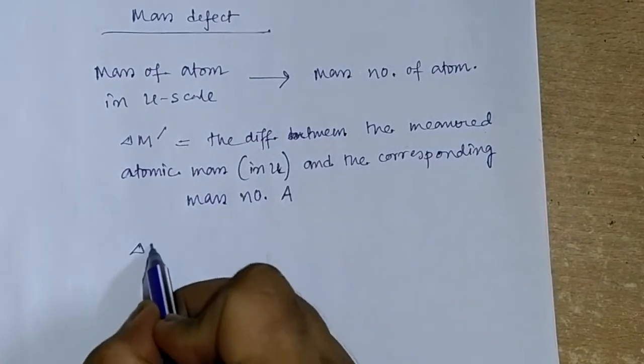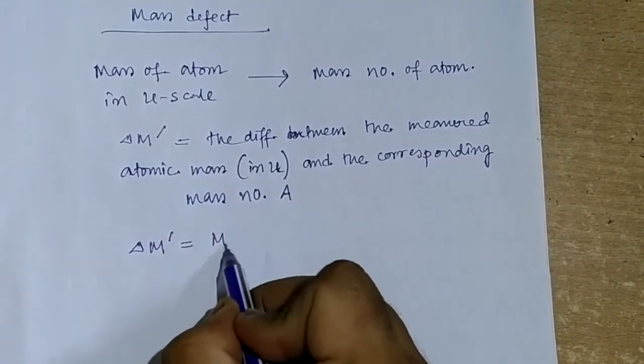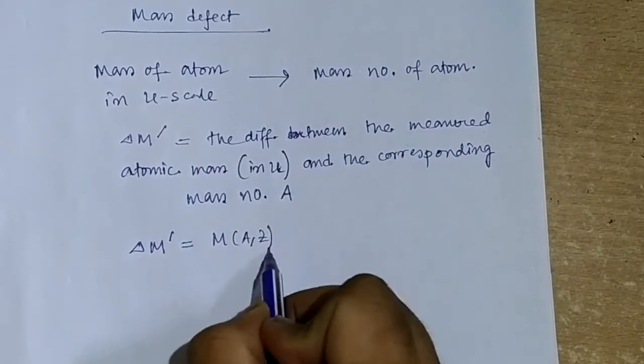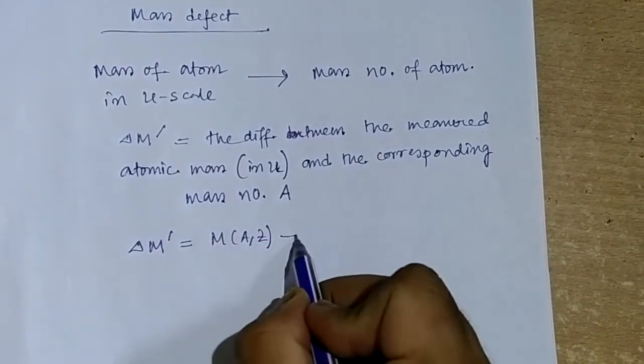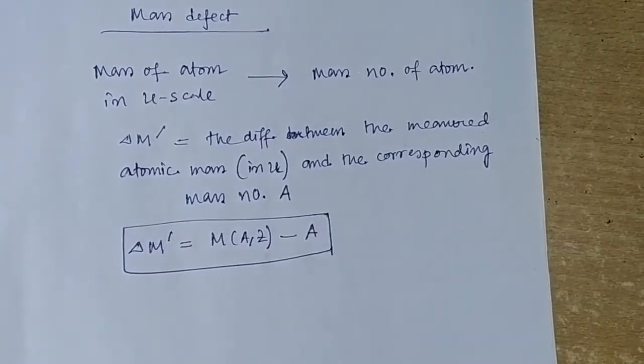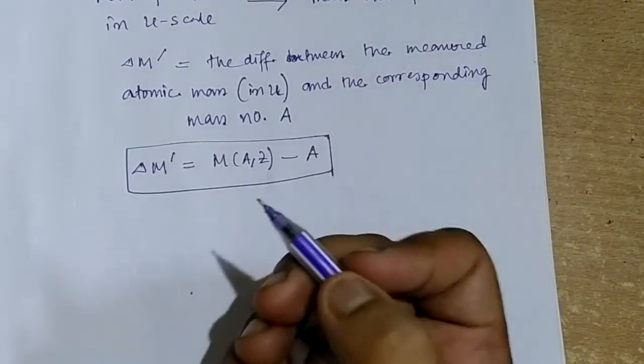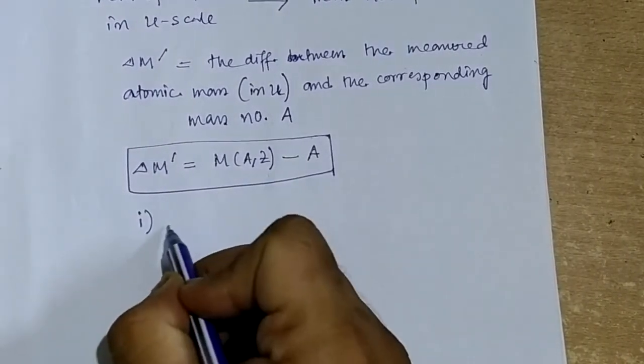That means del m prime, the mass defect, will become M(A,Z), that is the atomic mass, minus the mass number. Clear?